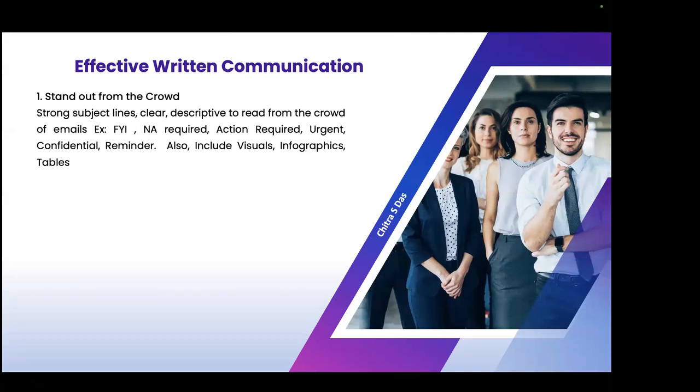If you really want somebody to take action, you want to get their attention first. So put action required, urgent, or confidential in the subject line, so the other person gets the priority or urgency of the matter. And when you want to convey something really well, people understand infographics or visuals better than text, because we are all reading text all the time, every day.